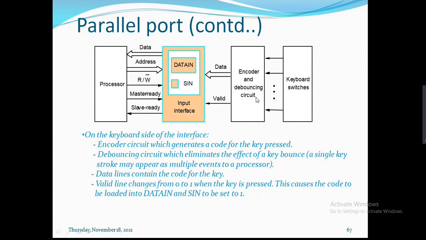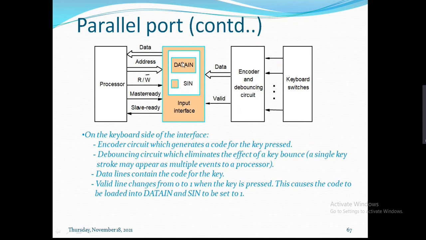At the same time, it is going to send a valid control signal. As soon as this control signal is sent to the interface, it indicates that there is valid data stored in the input buffer called data in, and once the valid signal is received, it is going to set the SIN flag to 1, indicating there is valid data in the input buffer.